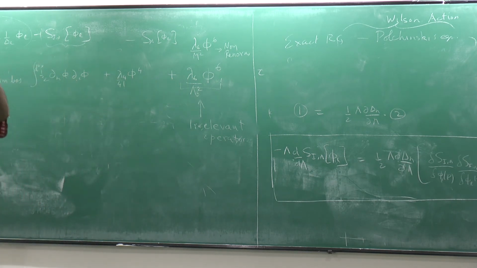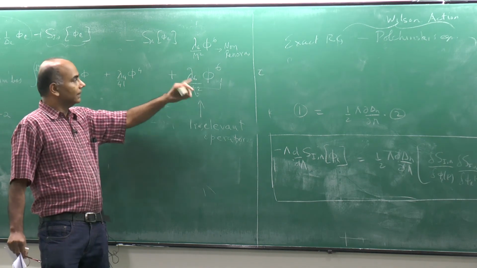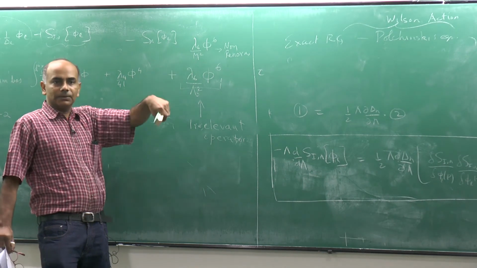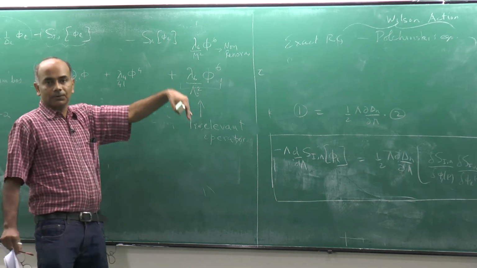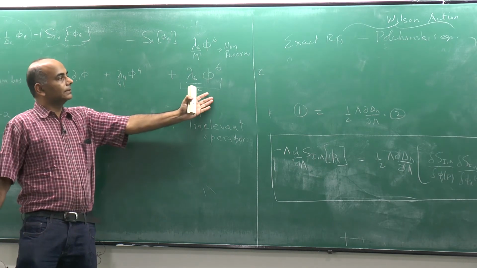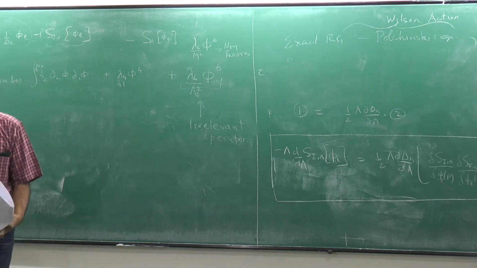Divergent meaning as lambda naught goes to infinity, those terms should not go to infinity. Because if you generate divergent terms of this type, then you will have to put that into your bare action as a counterterm, and then you introduce one more new parameter. So in this context, renormalizability simply means you do not generate divergent corrections to this. Okay?